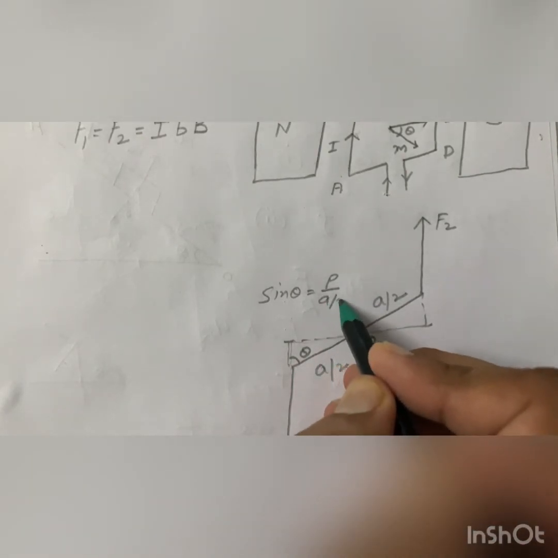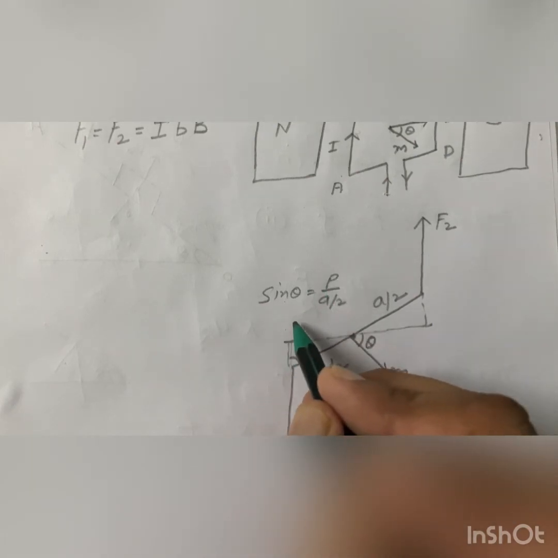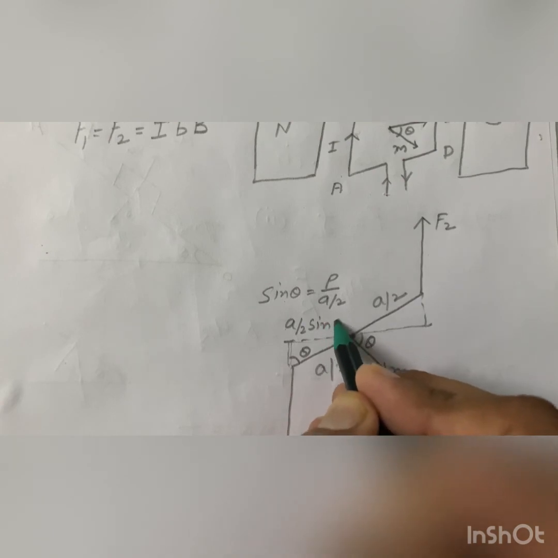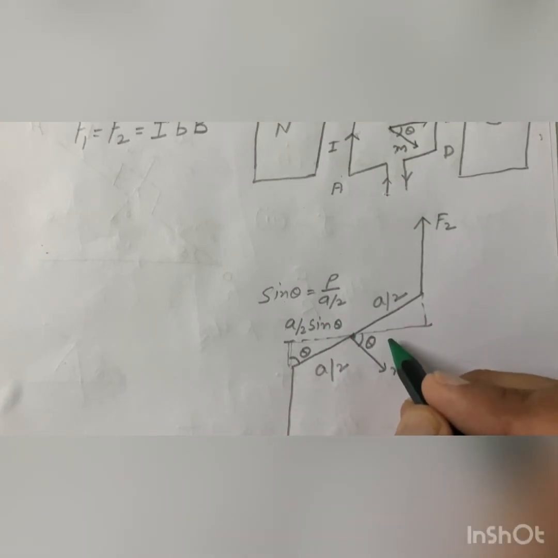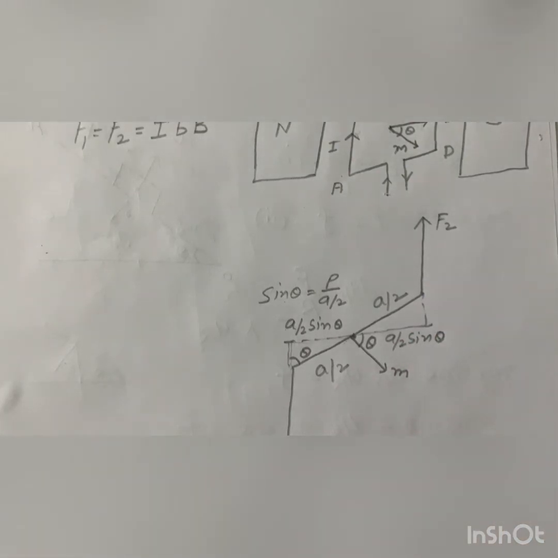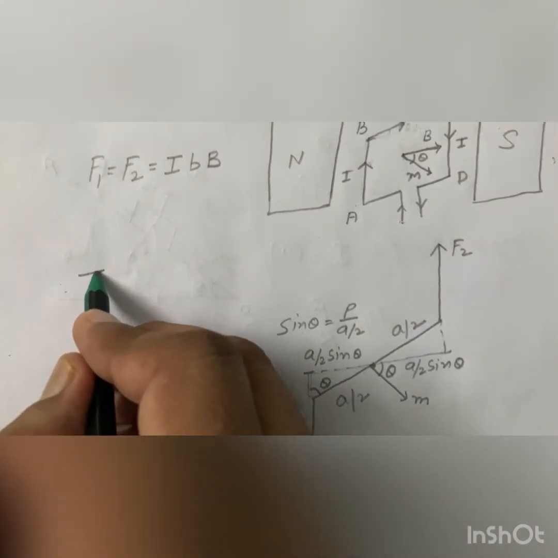The hypotenuse is a by 2. So this perpendicular is a by 2 sine theta. Similarly, this is a by 2 sine theta.